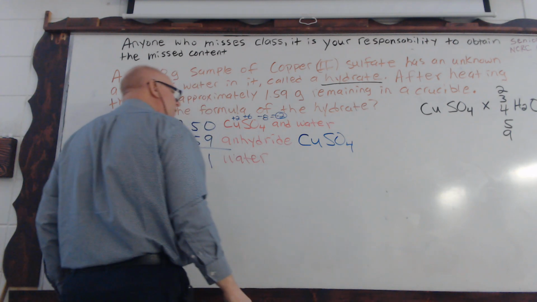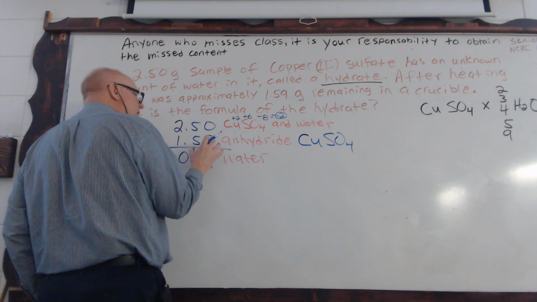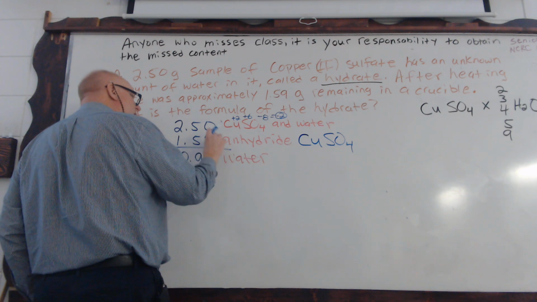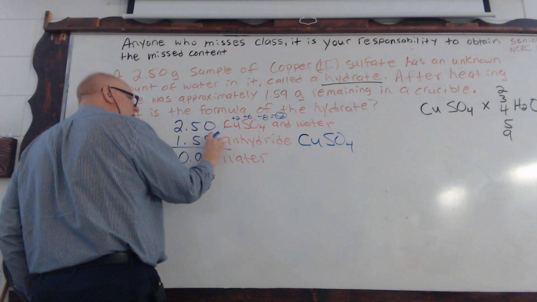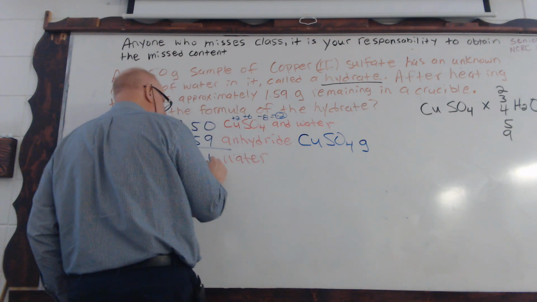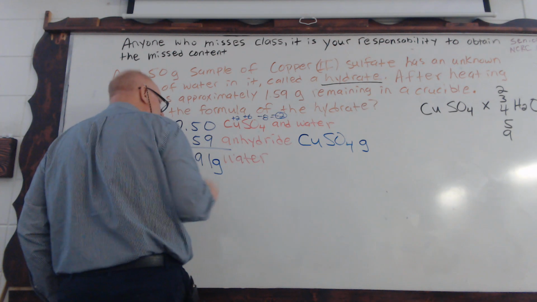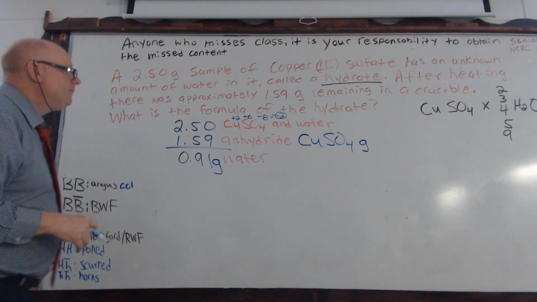Okay? So now, like I said, we're into maybe a little more familiar territory because we've got grams that we can utilize, and then we've also got grams of, I suppose I can just write it here, that we can utilize as well.